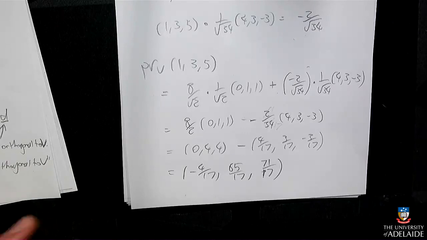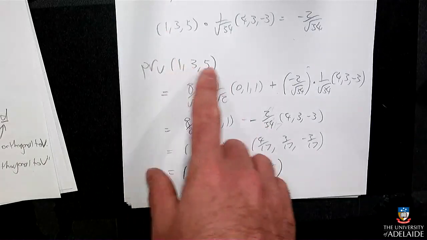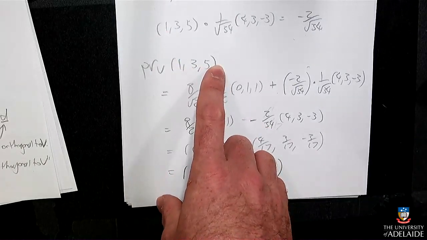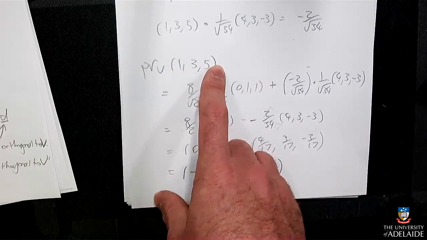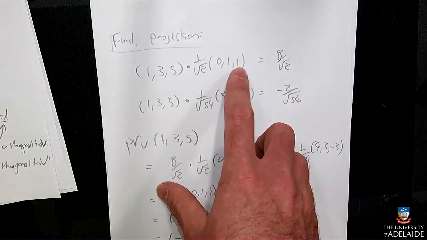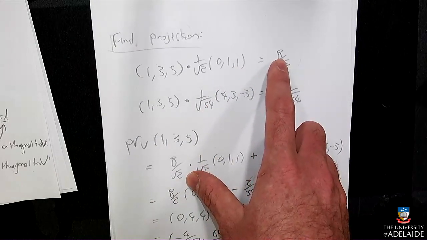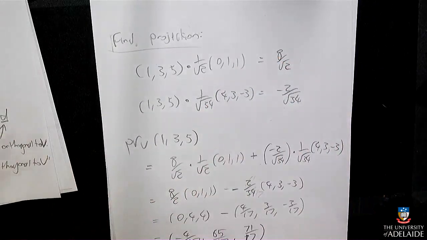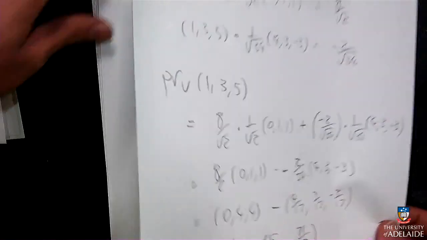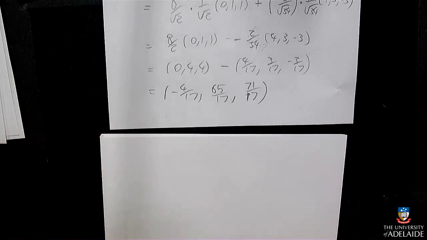And you could imagine trying to do this whole thing with x, y, z in this position instead of 135. And so we would get like 3y plus 5z in this position, and there'd be all these formulas everywhere, and it would be annoying.